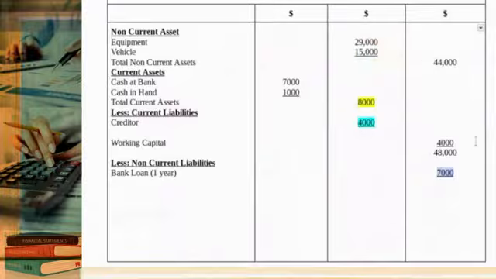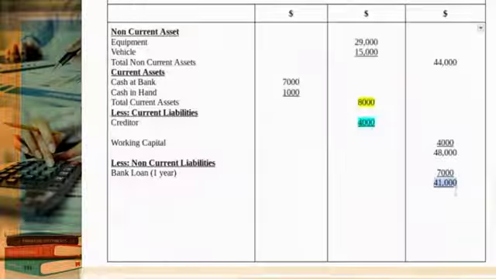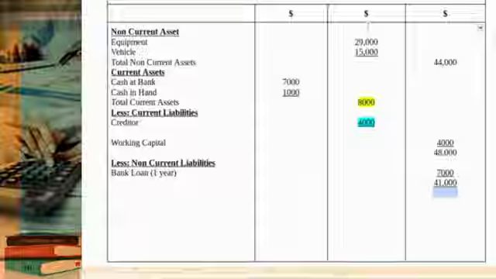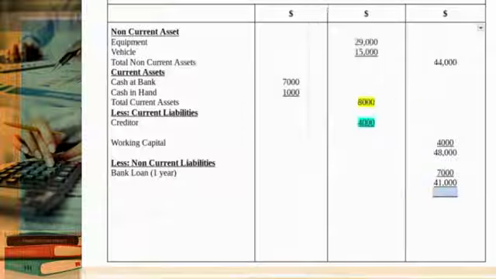So $7,000 from $48,000 leaves us with $41,000. And then we're going to double line this figure. So we draw our double line on the $41,000.